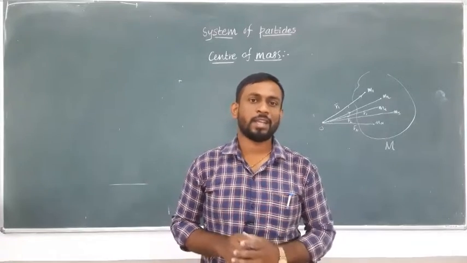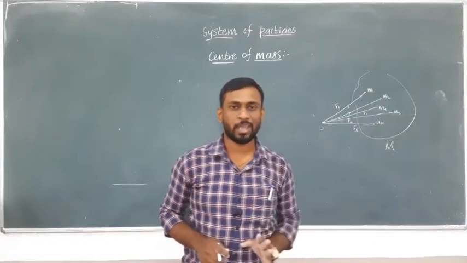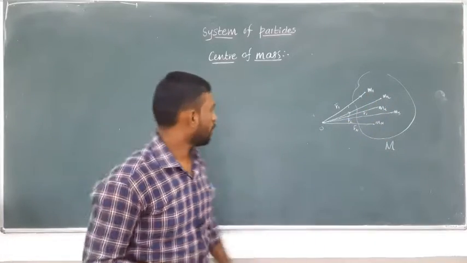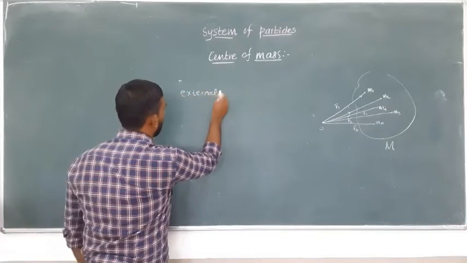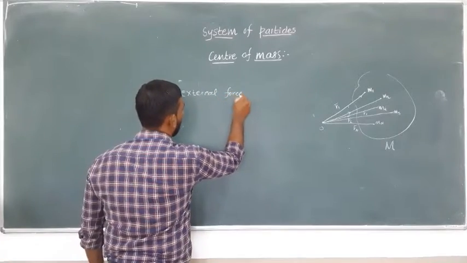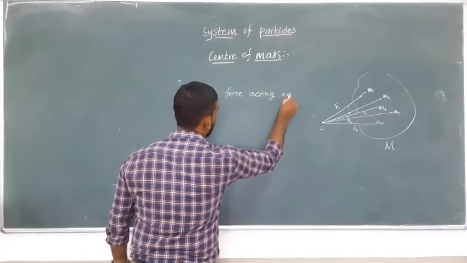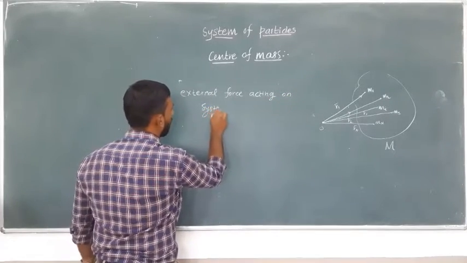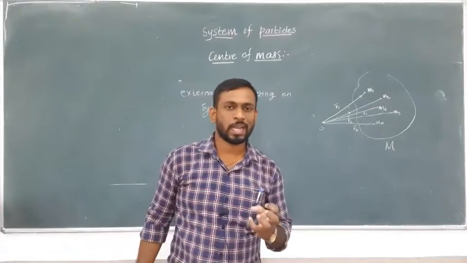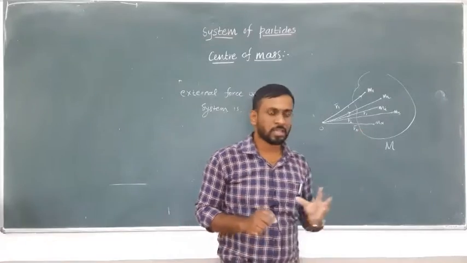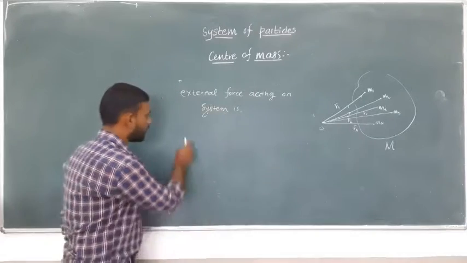The external force acts on the system, and each and every mass of the system experiences that external force. Suppose I squeeze this sponge ball so that each and every component of the ball experiences the external force. So what is the total external force?